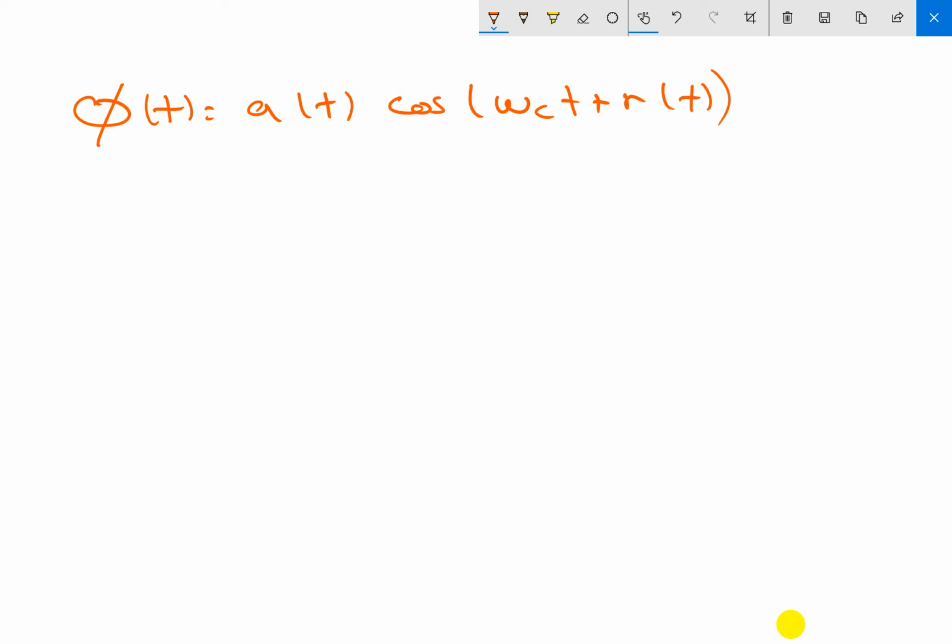Okay. If we are now talking with angle modulation, so the amplitude of the modulated signal is constant.